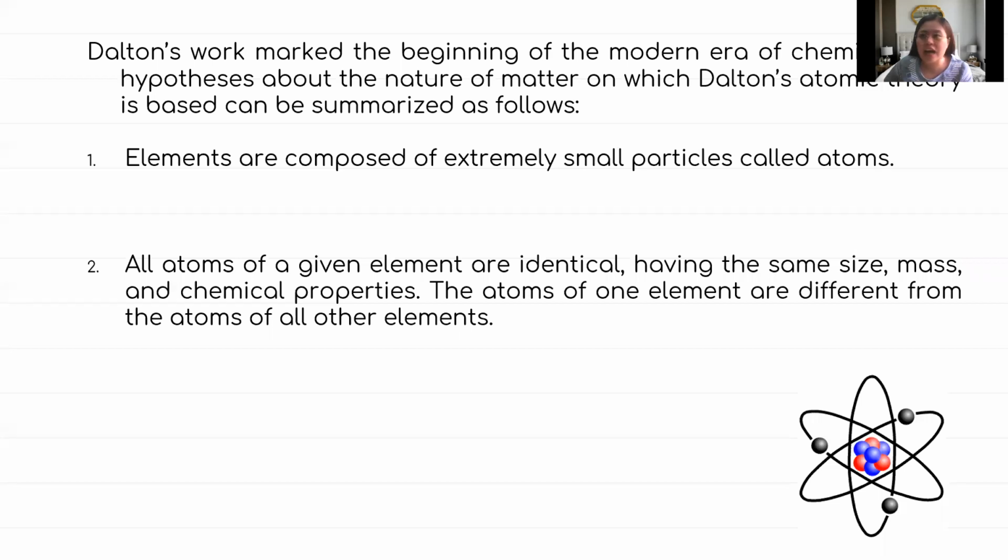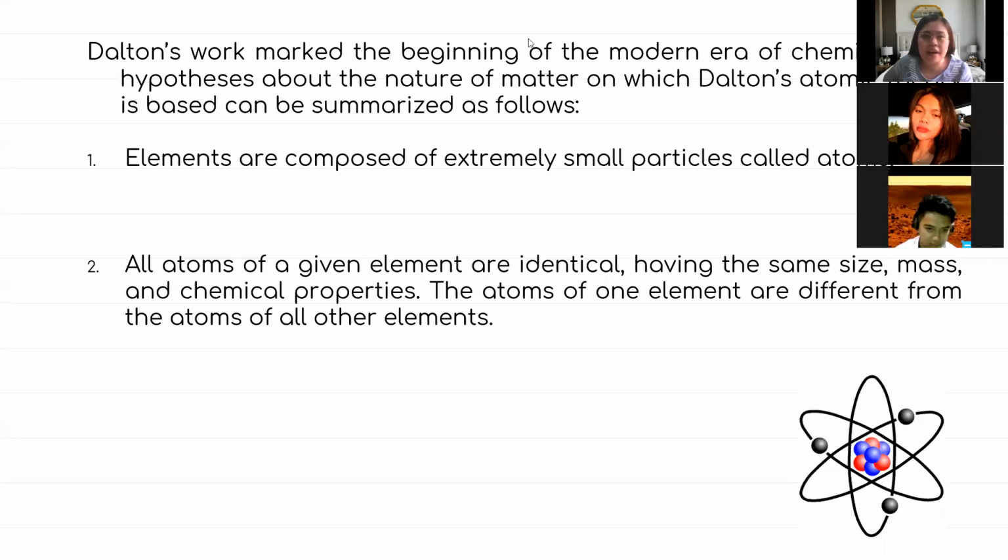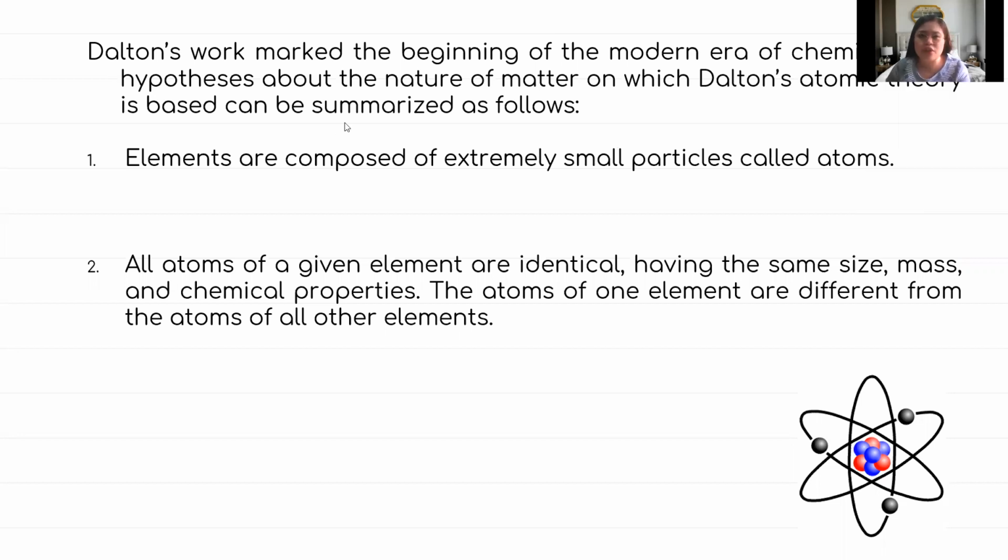That is his work, from his experimentation and investigations. So at the end of the work of John Dalton, these were his theories. Number one, elements are composed of extremely small particles called atoms.